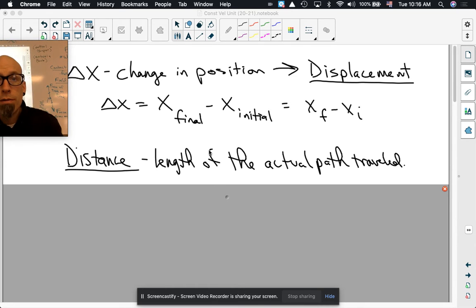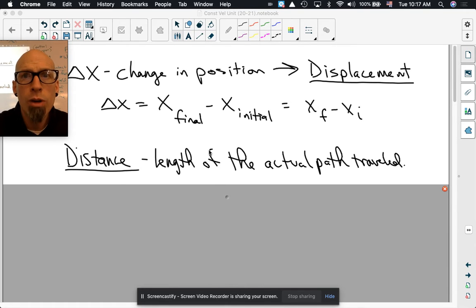Several of you were trying to use the term distance on your graph for the tumble buggy, or we kept talking about distance for the tumble buggy. But that's not actually what we were looking at. We were looking at position, the actual location, where it is at specific times.